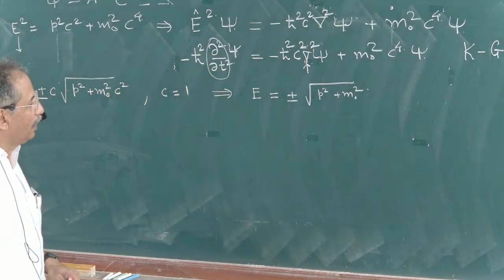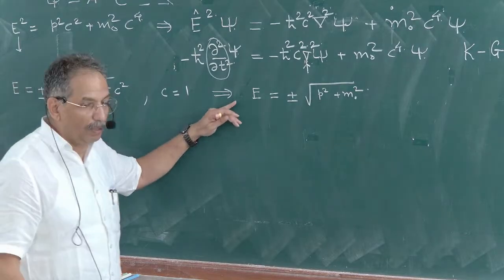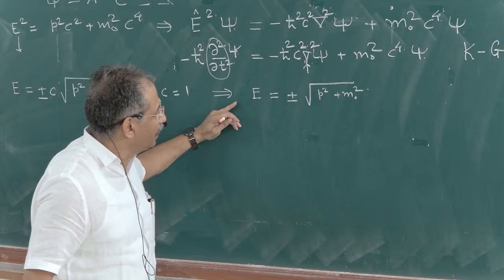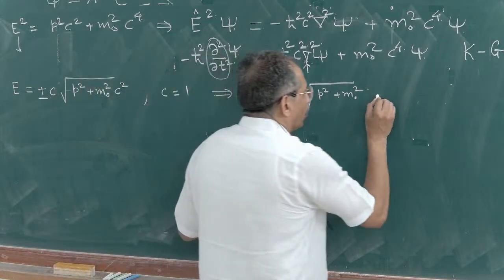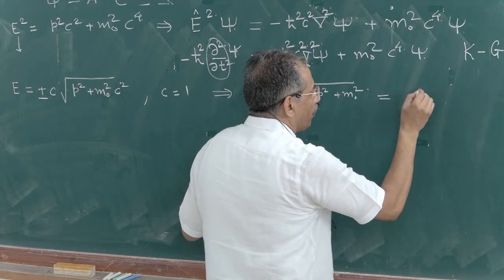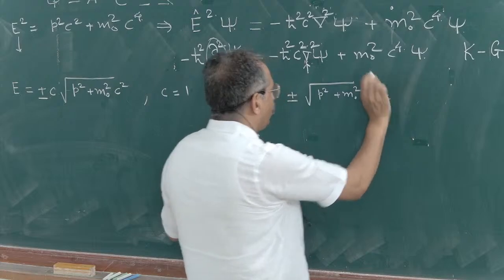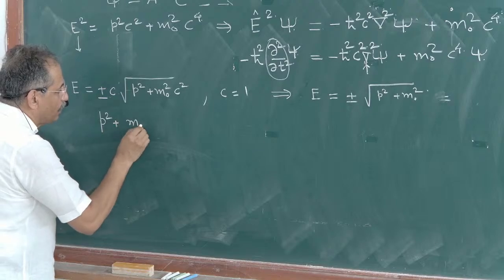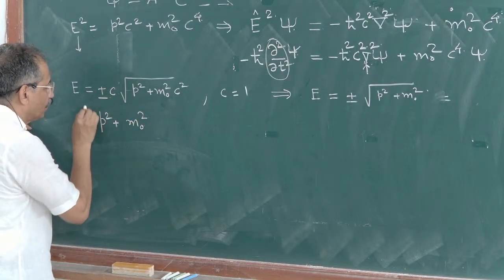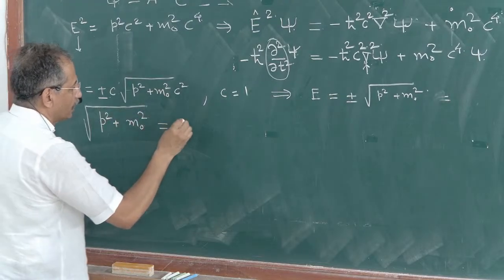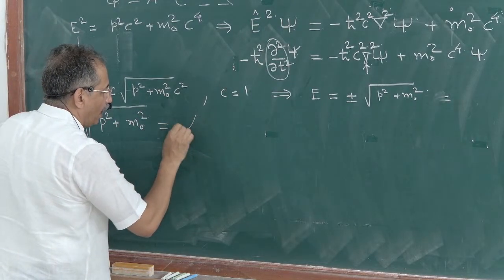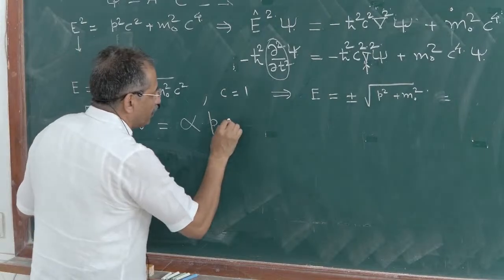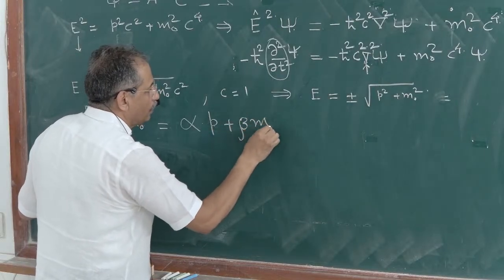Now, this equation will be a first order differential equation, but there are some problems associated with this, and he tried to write that square root factor. What he did, p square plus m0 square under root, he wrote as some parameter, say alpha times p plus another parameter beta times m0.